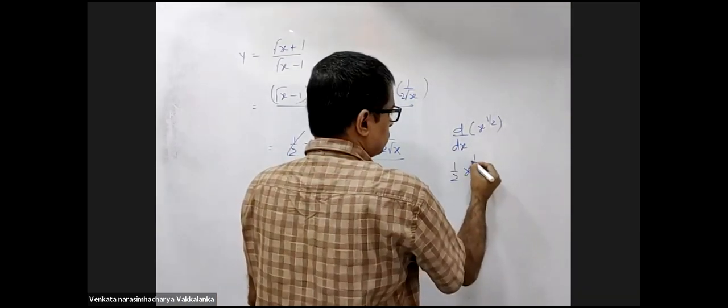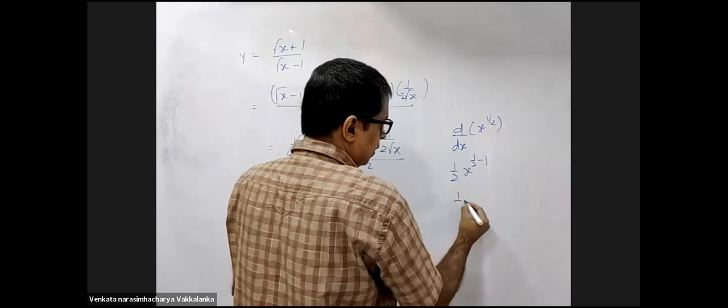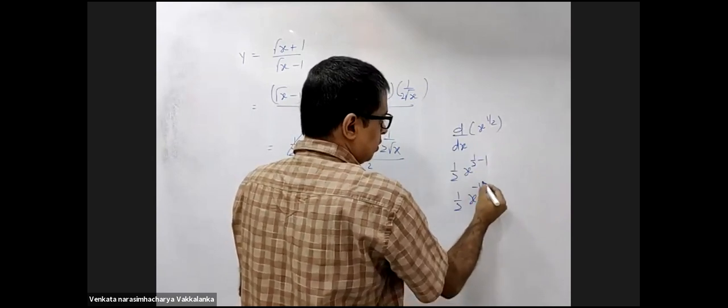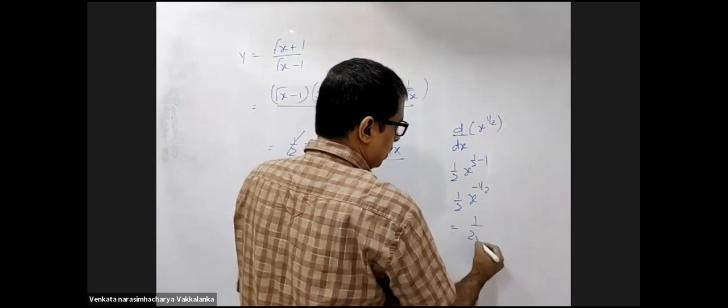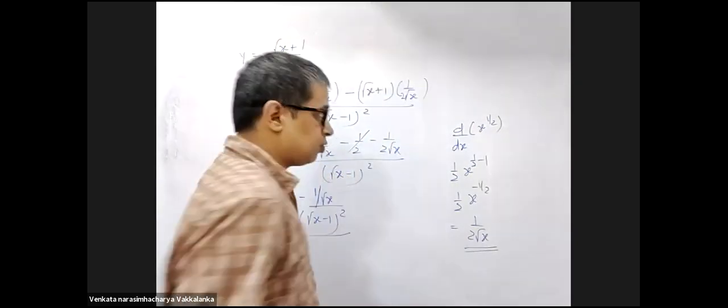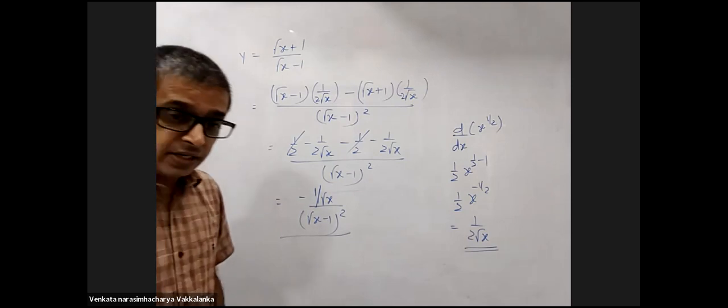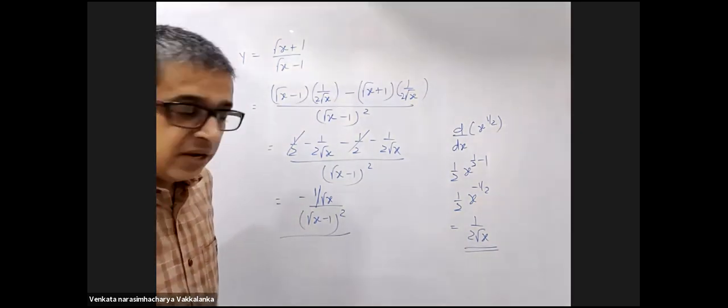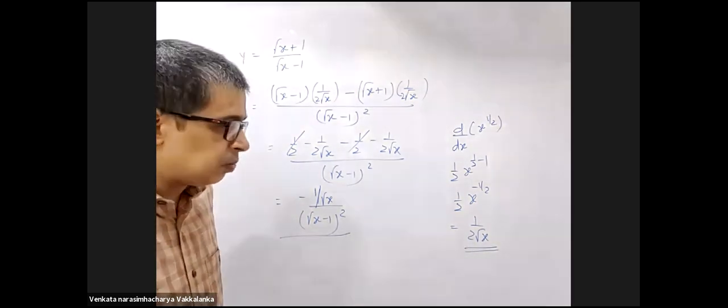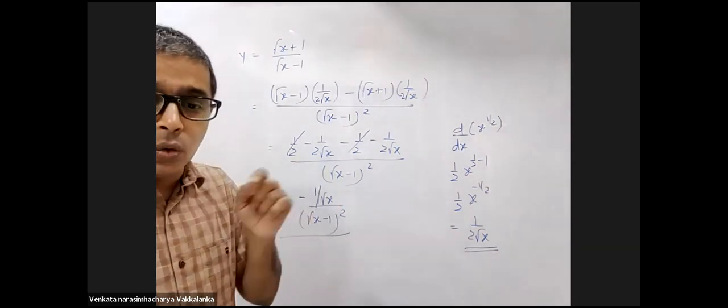Half x to the power half minus 1, half x to the power minus half, 1 by 2 root x. Do not go wrong with this. It's important. In physics, we need that quite a few times. Differentiation of root x with respect to x is 1 by 2 root x.